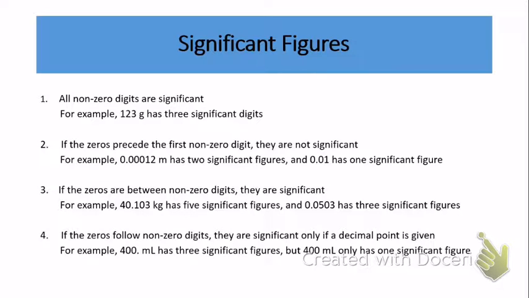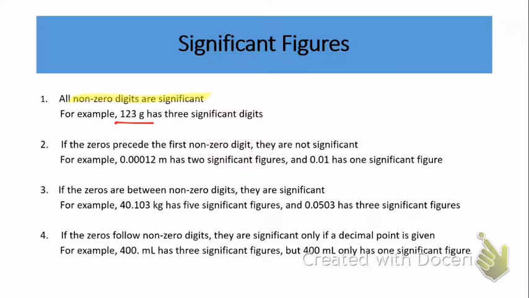So first of all, the first rule simply states that any digit that is a non-zero digit in a measurement is going to be significant. So for instance, we have a measurement of 123 grams.